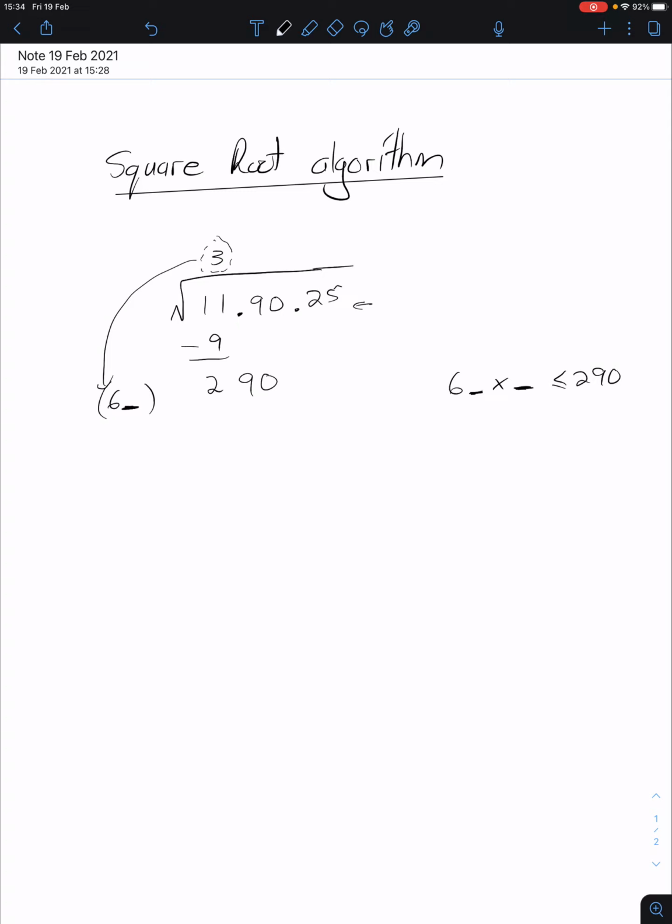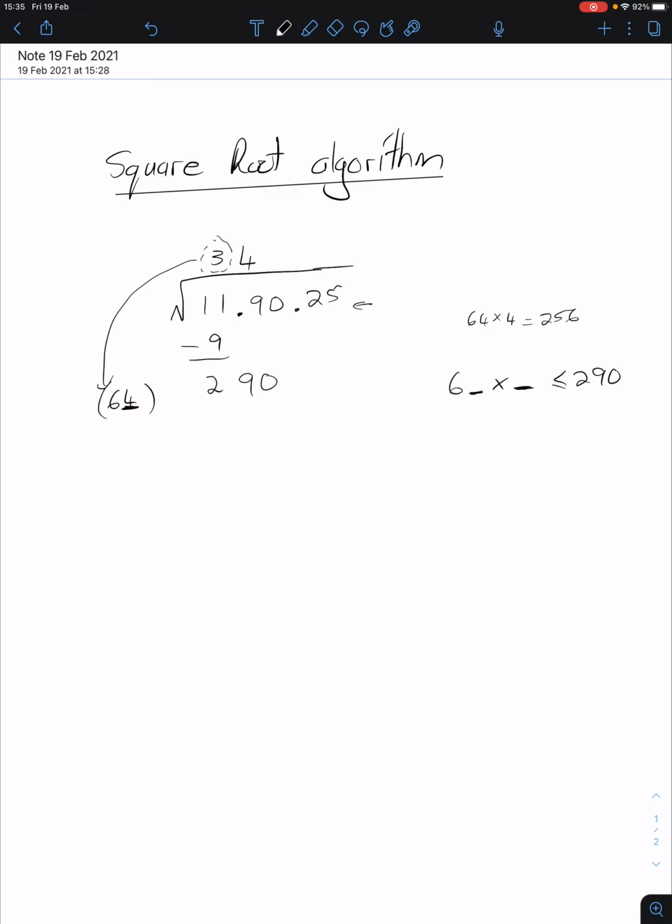So if you take, for instance, 64 times 4, that will equal 256. So it's less than that. 65 times 5 will be more than 290. So then the next digit will be a 4.